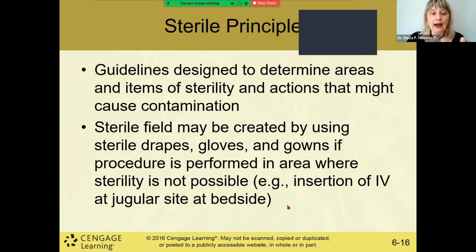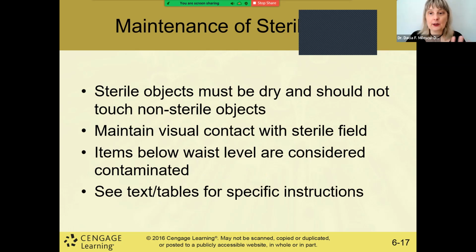Making sure that you have insertion of IVs in the right location. Having a sterile field is in fact the site where you're performing the procedure. Everything below that, like where you got the tubing, is not considered sterile. Now, sterile objects must be dry and should not touch non-sterile objects.